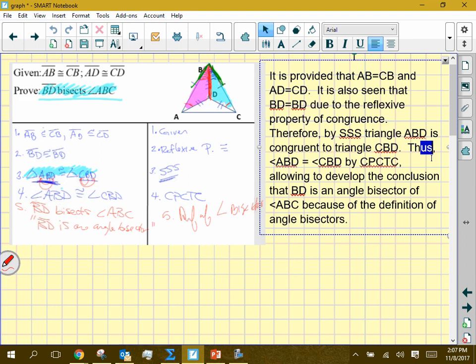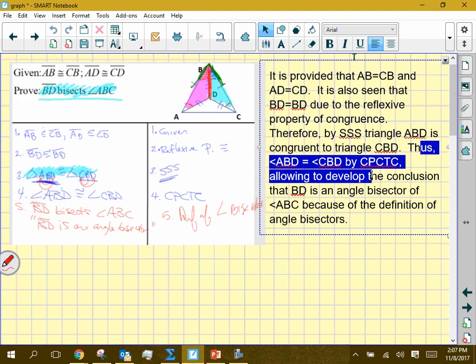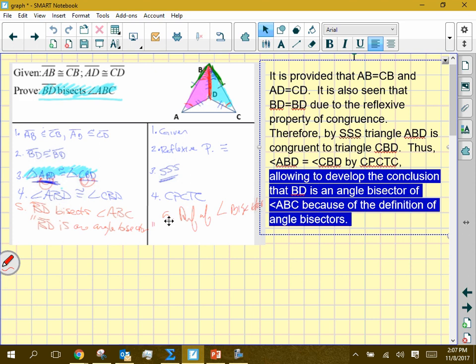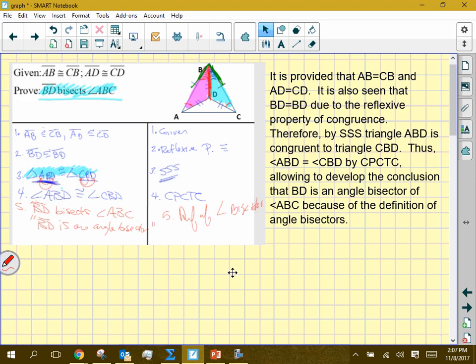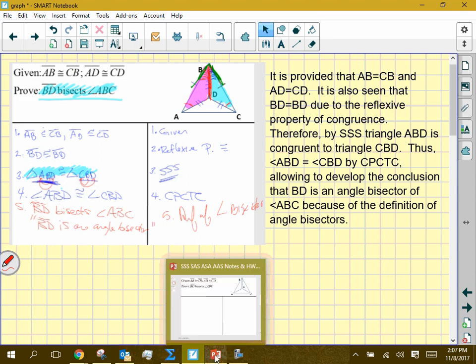Fourth sentence, okay, now I got a comma in there, but the fourth sentence right there before that comma is statement number 4, reason number 4, and then the last portion, statement number 5, reason number 5. All right? So when they ask for a paragraph proof, that's what you need to do. Write your rough draft, write your template over here, and then transfer it over to a paragraph. Okay, I'm going to ask you to do that at some point on a test or a quiz.